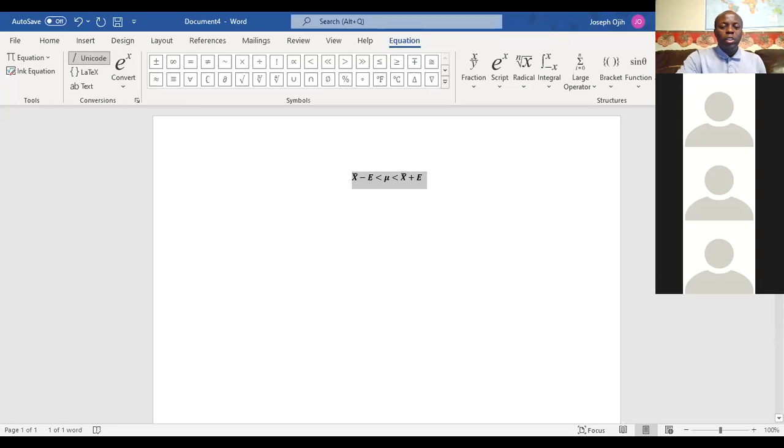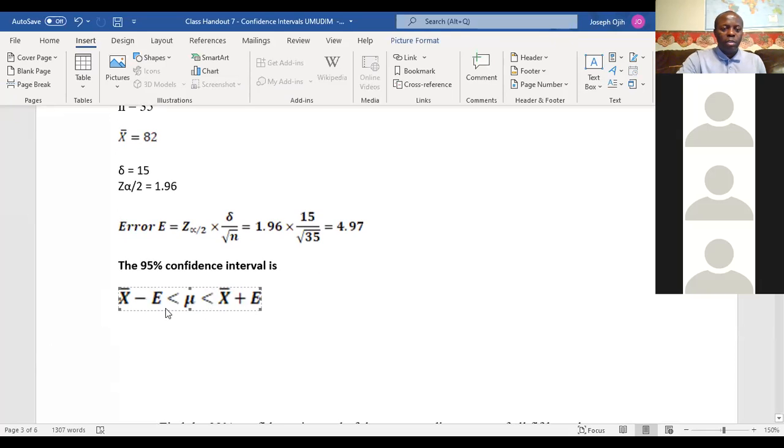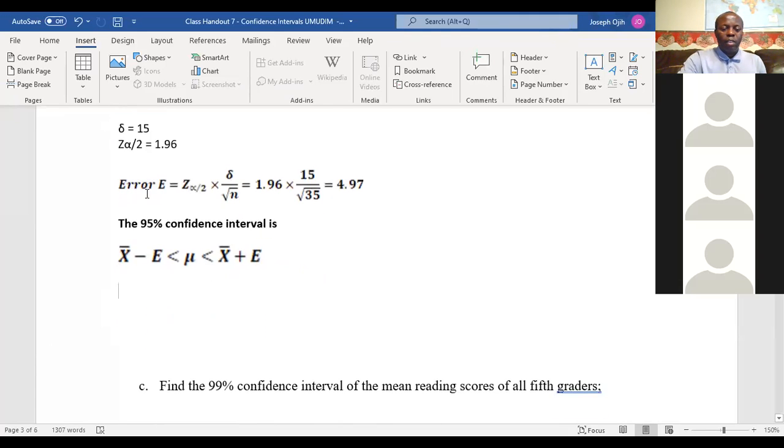So this is what we are actually trying to estimate, this population mean of mu. We are trying to estimate it using the sample mean. So X bar is 82, the sample mean, minus the error of 4.97, less than the mean we are trying to estimate, then less than 82 plus 4.97.